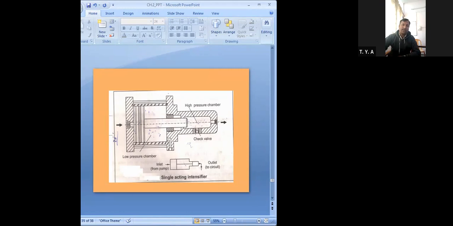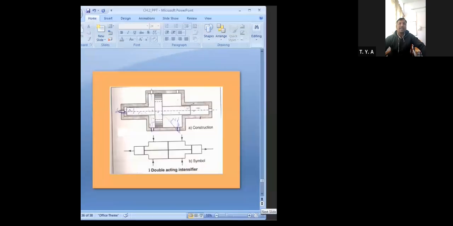From this port you can take the low pressure fluid inside, and here you will get the high pressure chamber, so you will get the outlet that you can give to the circuit. Here I have shown the standard symbol of a single acting cylinder. You can see the single acting intensifier, it is a standard symbol.